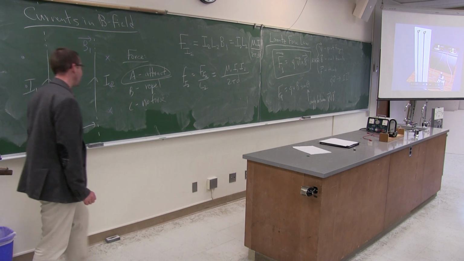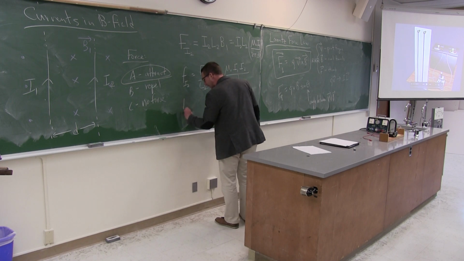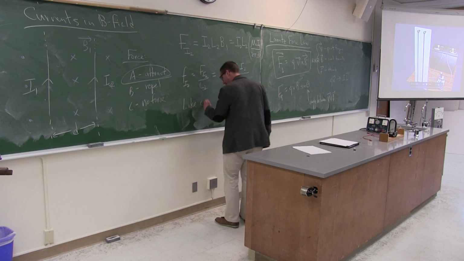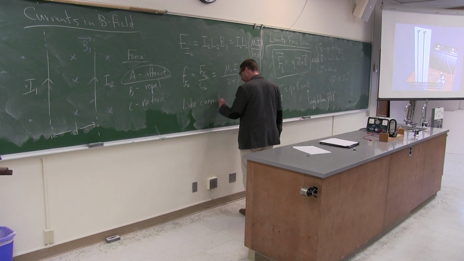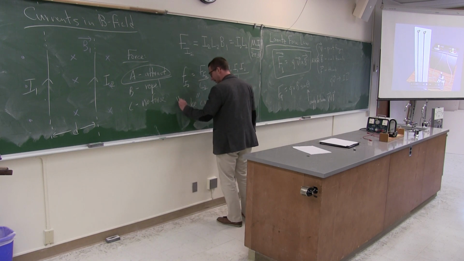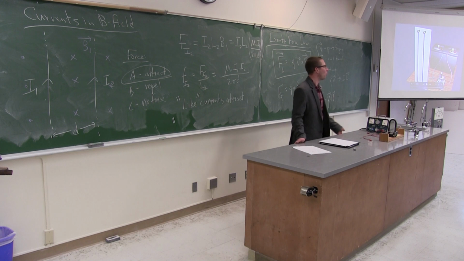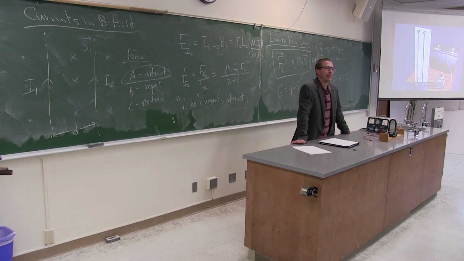So the takeaway message here is, like currents attract. We could guess what would be true. And that's different than electric charge in the sense that like charges repel each other, but like currents actually attract each other.